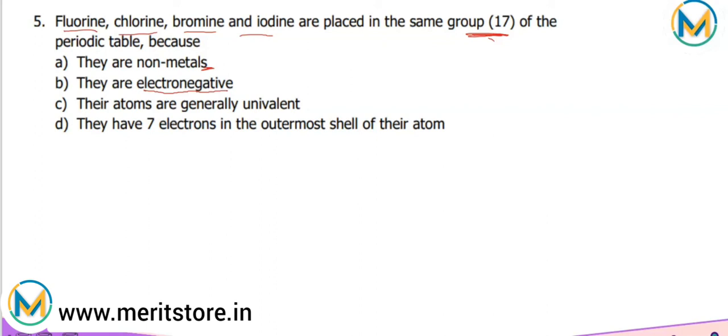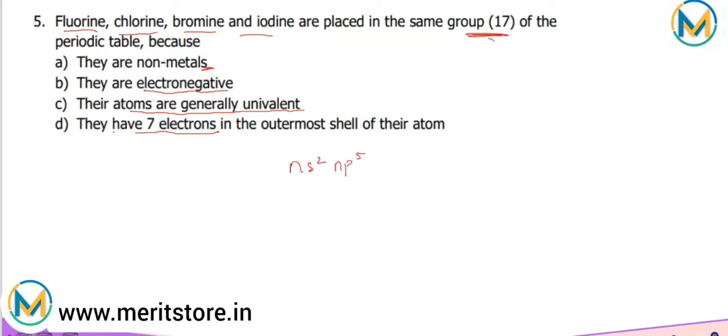Now, option C, their atoms are generally univalent. So that is also not the correct reason why the elements are placed in the same group 17. Option D is the correct one because the reason is they have 7 electrons. That is the configuration ns2 np5.